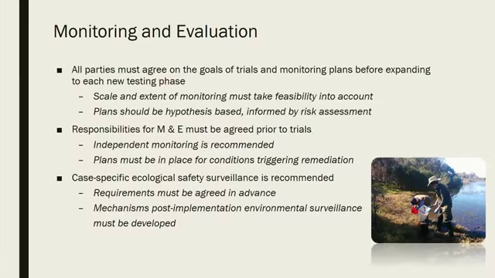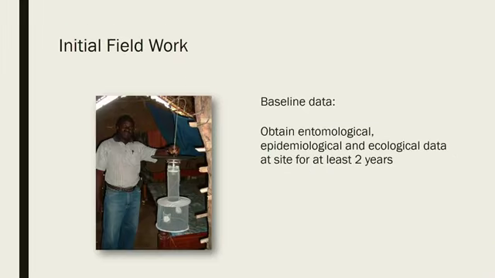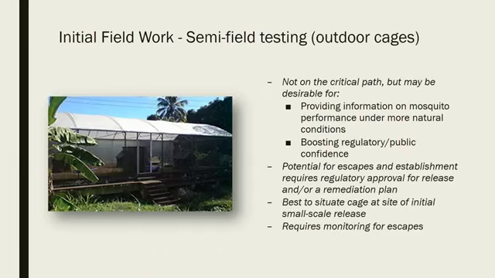So when one comes to do those first releases, what does it look like? Well, before you do releases, you've got to know really what's going on in the environment. So at least 2 years baseline entomological data and ecological data for at least 2 years is the recommendation. And whilst we're not being prescriptive, some people are happy to use semi-field releases.